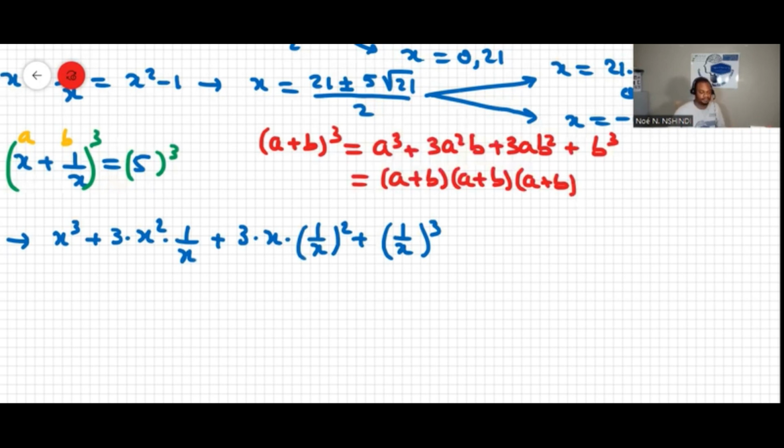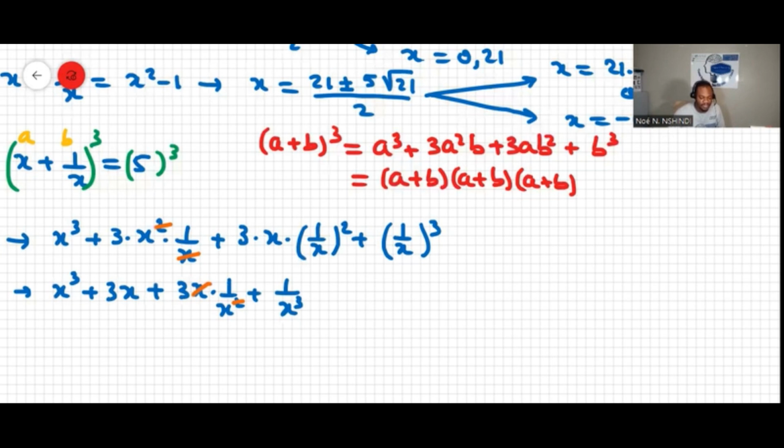Okay, we can simplify. So that makes x cubed, and then x squared and x can be simplified. That will be x cubed plus 3x plus 3x times 1 over x squared plus 1 over x cubed. So we can simplify that and that.